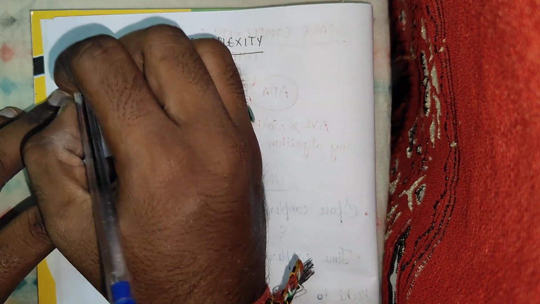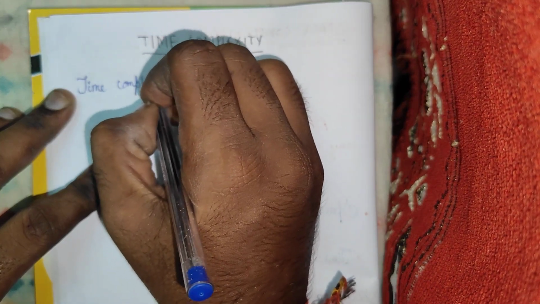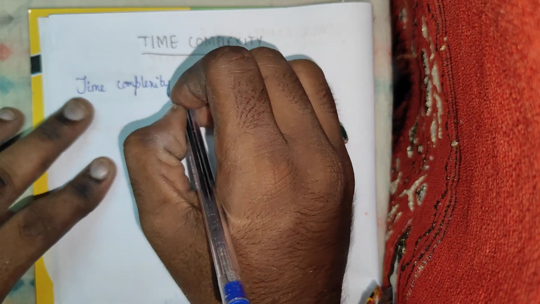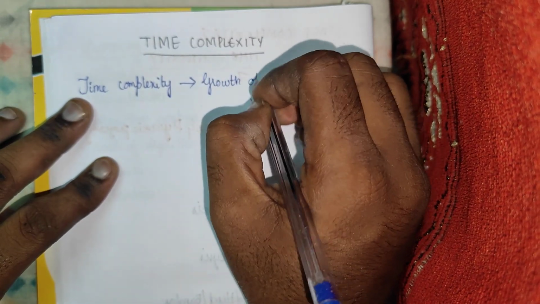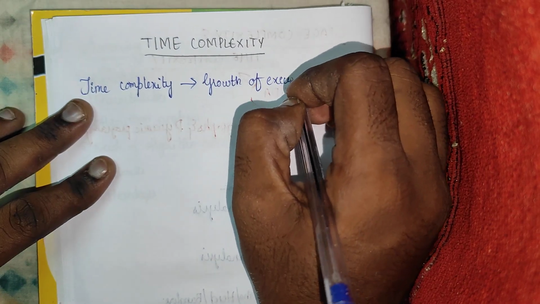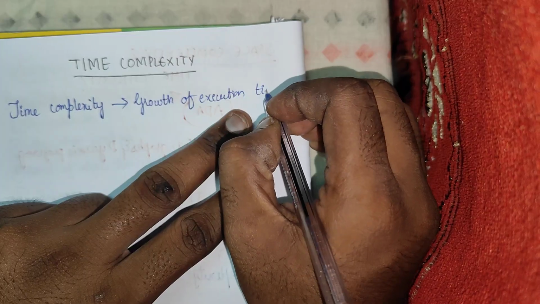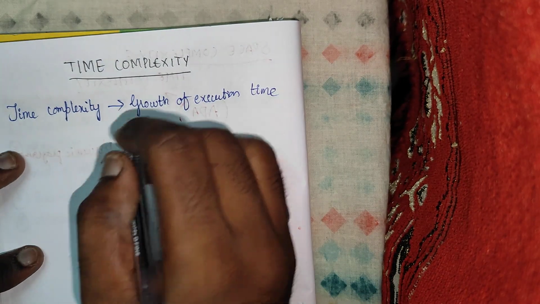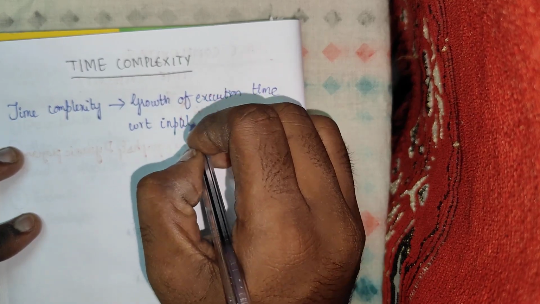So I can say that time complexity is the growth of execution time with respect to input size.